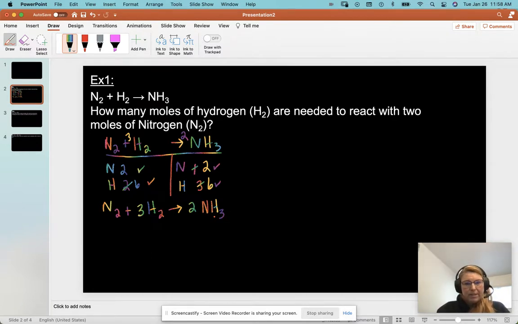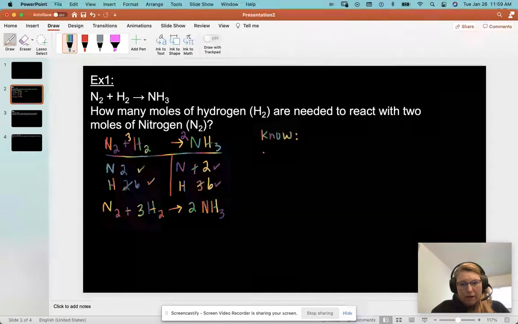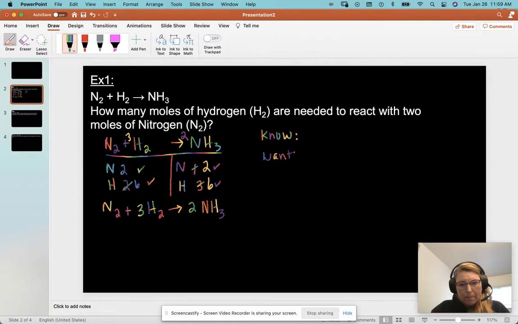Now that we have our balanced equation, we want to start thinking about how to set up our conversion to use the mole ratio. In order to do that, we need to go back and read our problem, and find the things that we know and what we want to know. It says how many moles of hydrogen, H2, are needed to react with 2 moles of nitrogen.